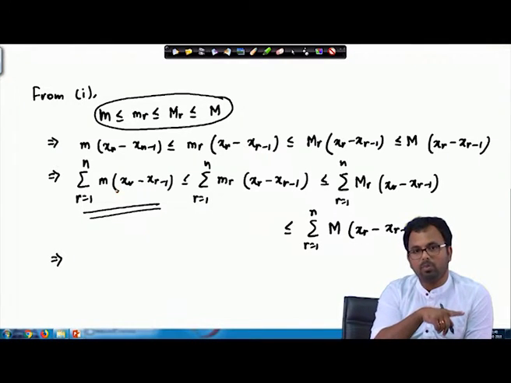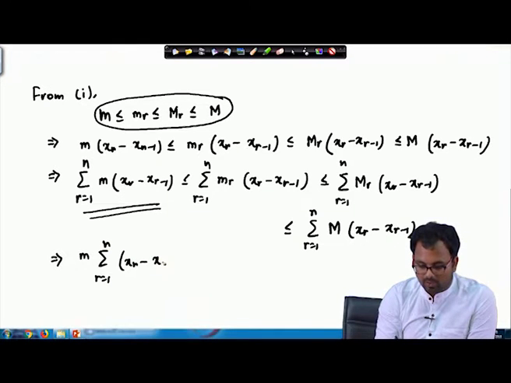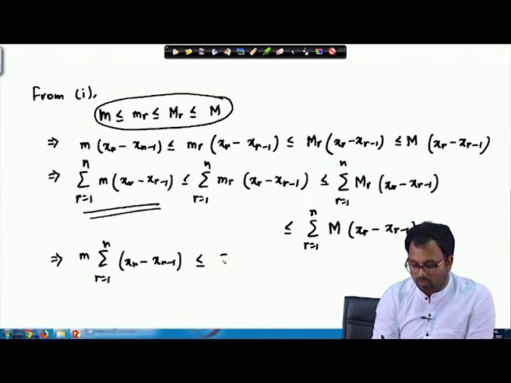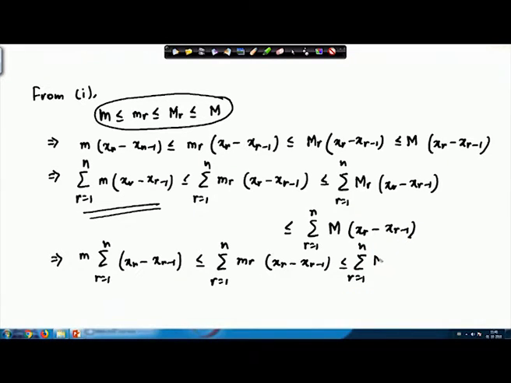So, you can take that m out of the subinterval, and then it will be basically the sum for r running from 1 to n of (xr minus xr-1), which is less than or equal to the sum for r running from 1 to n of small mr times (xr minus xr-1), which is less than or equal to the sum for r running from 1 to n of capital Mr times (xr minus xr-1), which is less than or equal to the sum for r running from 1 to n of (xr minus xr-1), and here also we take capital M out of the interval because capital M is also independent of r.